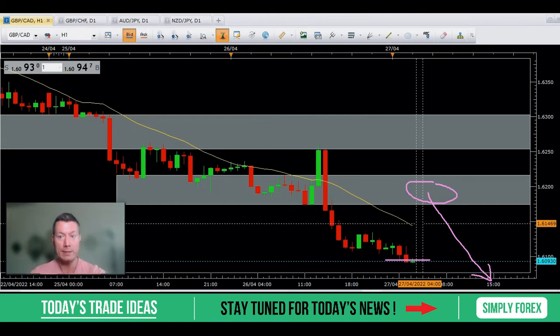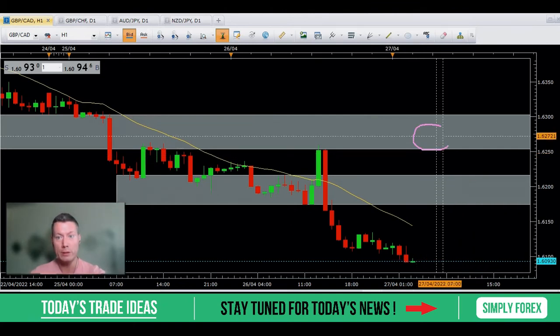All right, if that doesn't happen, guys, price could retrace all the way up to here. I don't expect it to do this, guys, because that daily candle is so bearish. But again, if it does, bearish candlestick pattern, that's our trigger. Take it back down to the lows, close 80% and leave 20% to run.